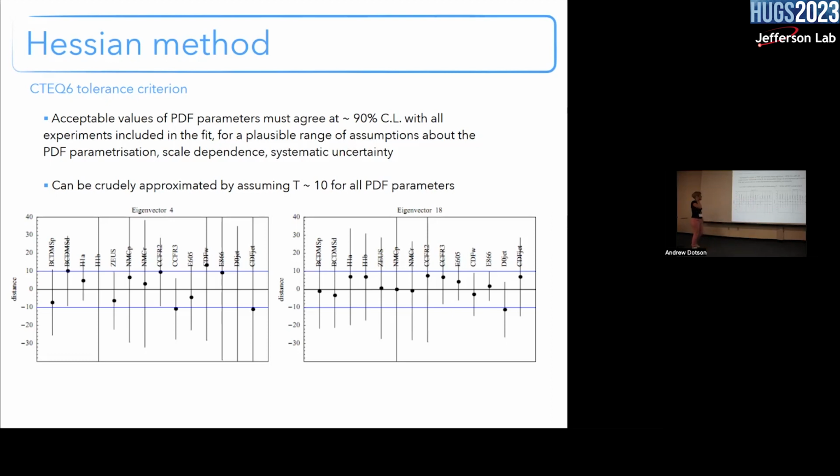For CTEQ6, I think they also included a more refined concept, but it's similar. You can crudely approximate this by a factor of 10. If you put a tolerance equal to 10, this gives you a realistic uncertainty for all the parameters, okay? So this is what is done in practice.